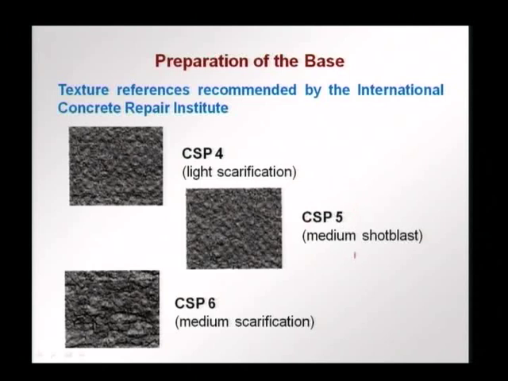Similarly, you have CSP5, this is medium shot blasting, then CSP6 medium scarification, where you can easily see that the depth of the roughness is much higher than here. So there are different ways of defining and even specifying textures, but generally what is done is, based on experience, the workman would know what level of roughness is required for a certain FRP system.